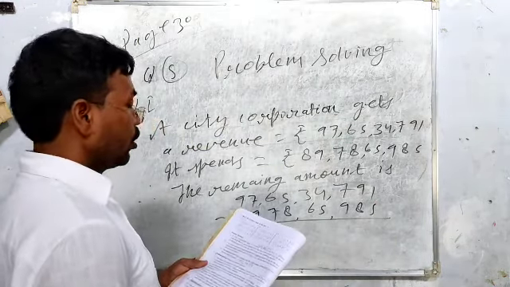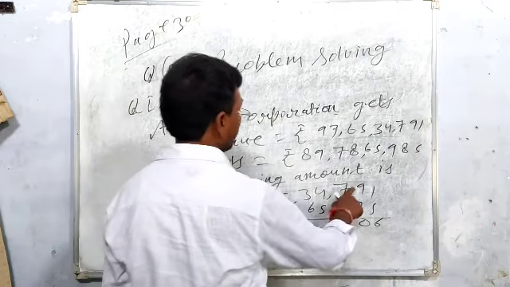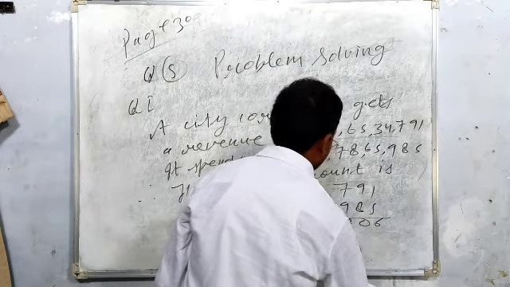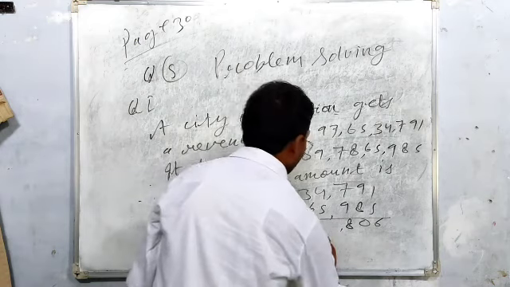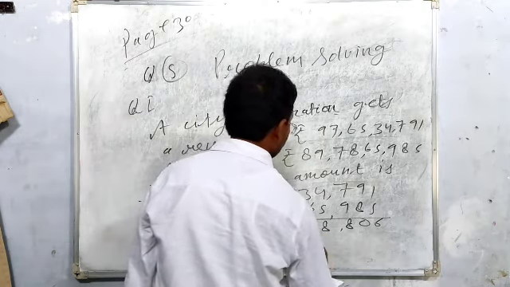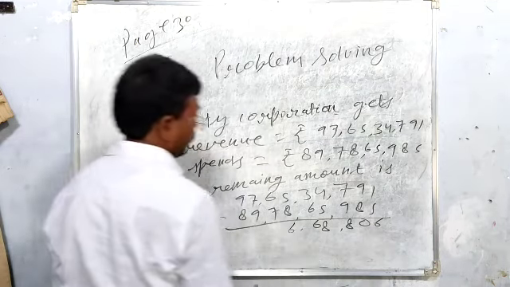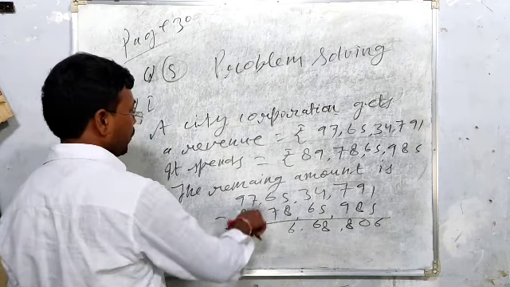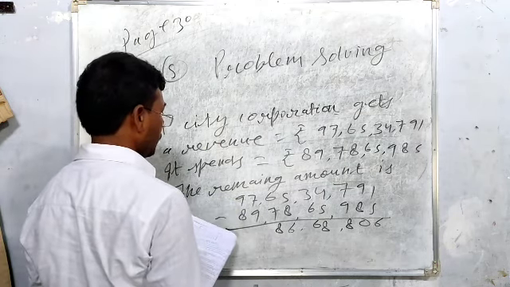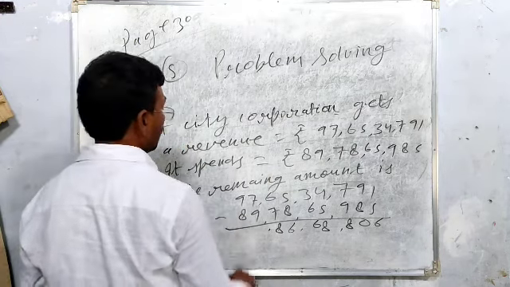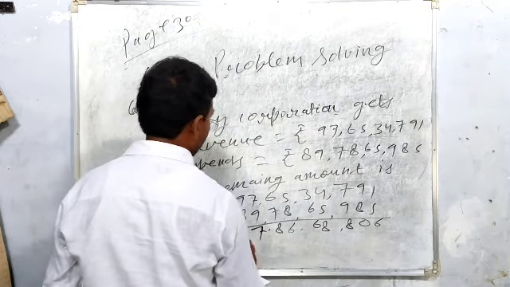Subtract it. If you subtract here, 11 minus 5 is 6, 8 minus 8 is 0, and this becomes 17 minus 9 is 8, and then here 13 minus 5 is 8, and here 12 minus 6 is 6, and then here 4, so 14 minus 8 is 6, and here becomes 15 minus 7 is 8, and then here 16 minus 9 is 7, 8 minus 8 is 0.